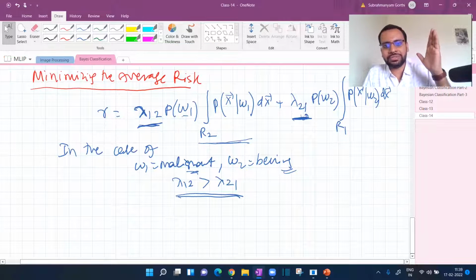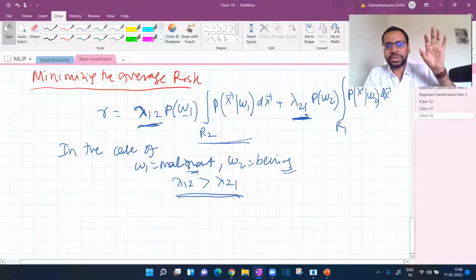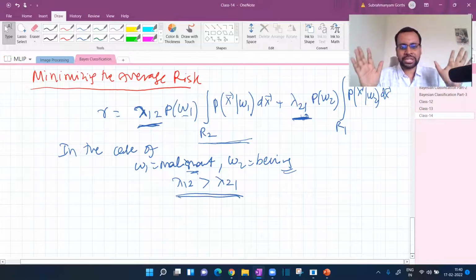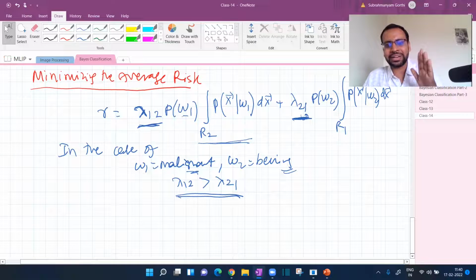Unless you have that way of computing it, this is of no use. So that is our final goal, at least for now. We are gradually building up things, gradually generalizing and moving there. If this is not clear, you won't find it convincing why we are making things complex.